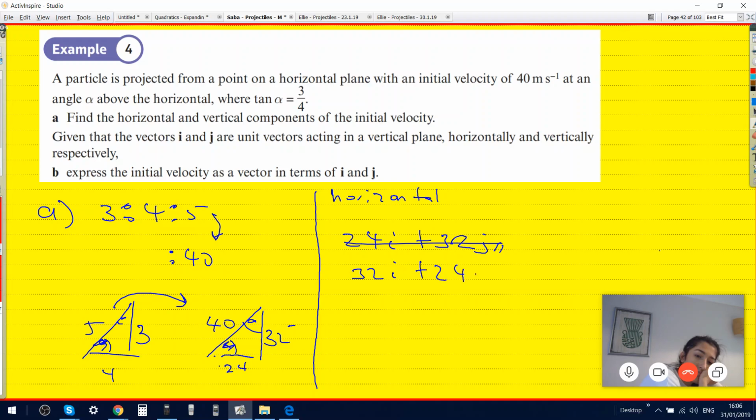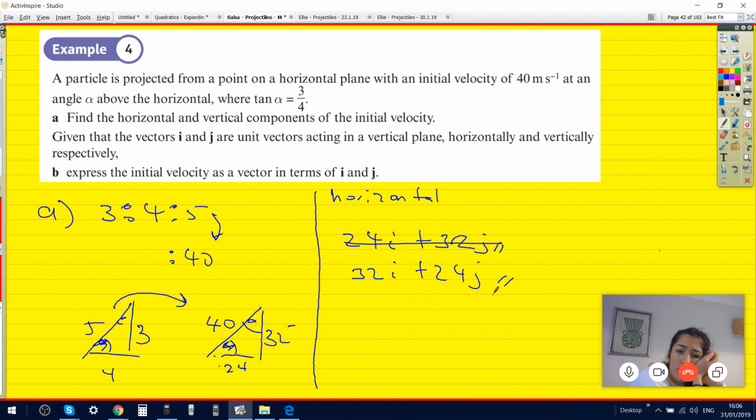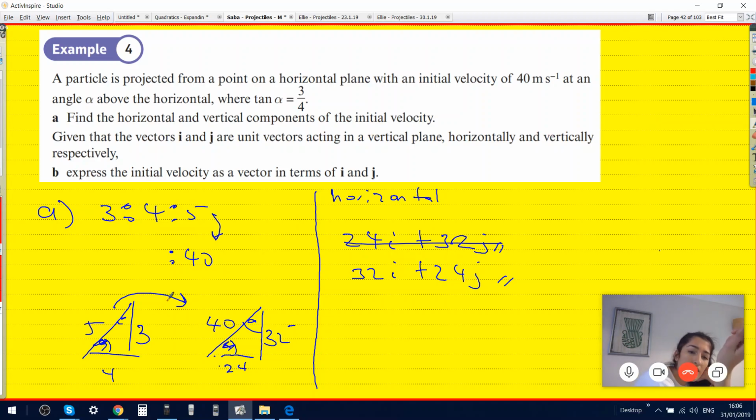24j and 32i, that's correct, I believe. Why is that 32 though? If you do 3 times 8, that's 24, so I swapped them around: 24j and 32i.